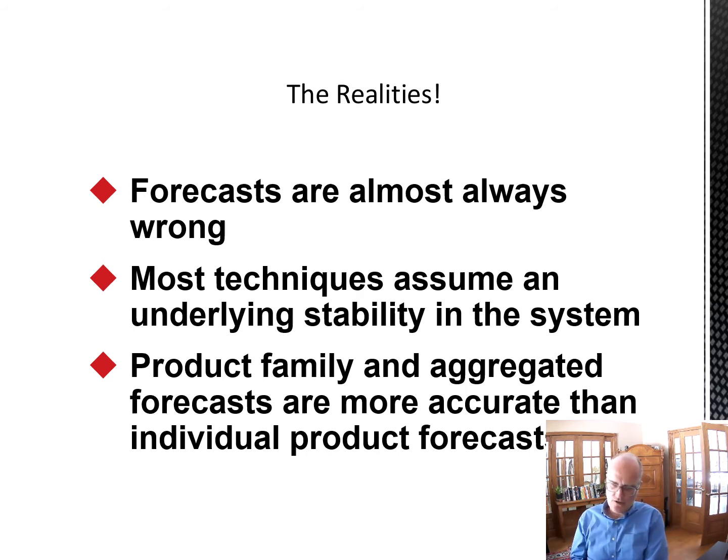It means we continue to try and get better, and then we also acknowledge that having a less than perfect forecast is better than having no forecast at all. So most techniques assume an underlying stability in the system that doesn't exist, and that's the qualitative aspect or the management insight aspect of determining a forecast.